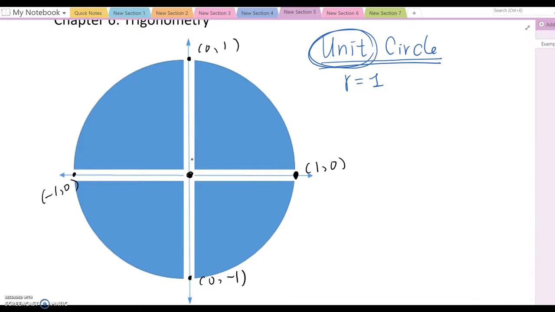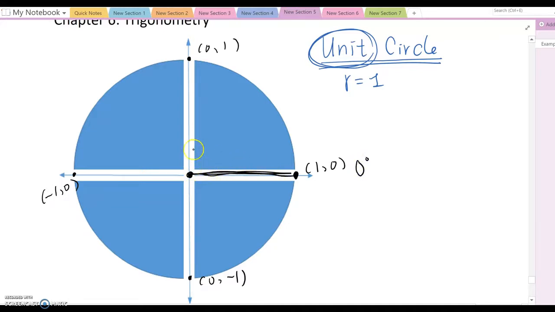Okay. So from here, before we talk about the polar system, we can use the unit circle for angle values as well. If we don't move anything from this angle, we can say this is 0 degrees, right?